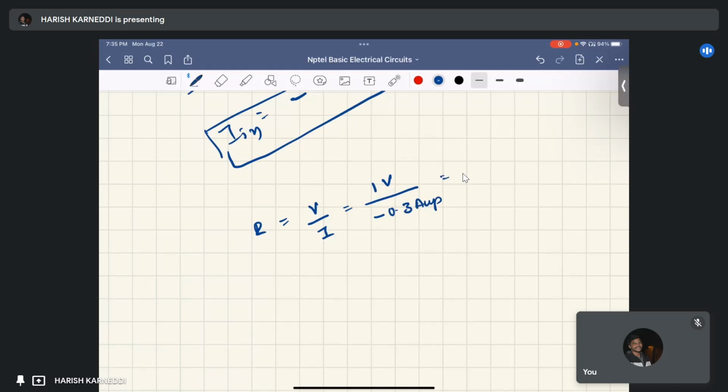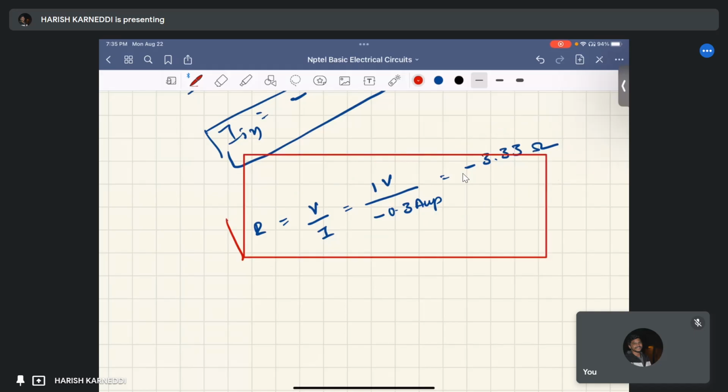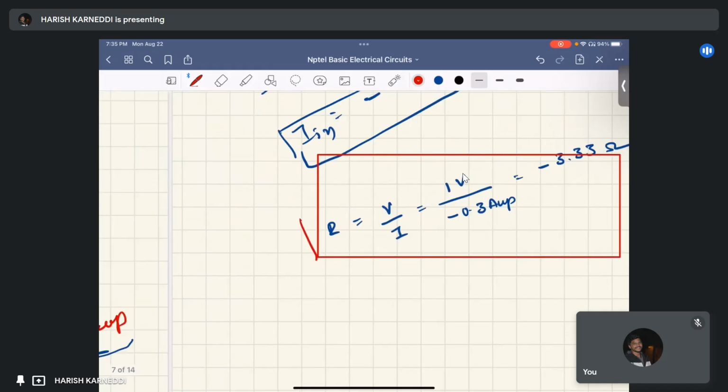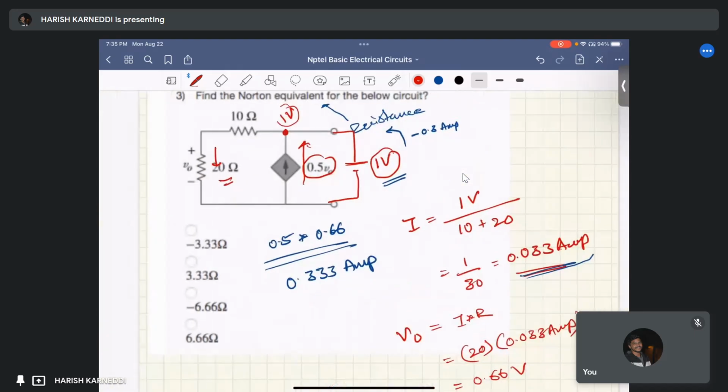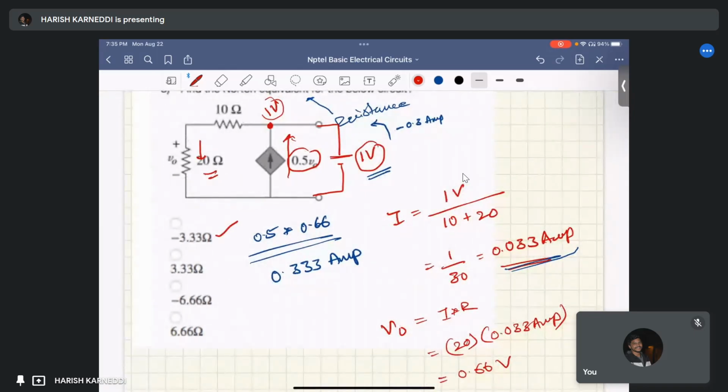So the resistance will be 1 by minus 0.3, which is minus 3.33 ohm. The resistance of the network is minus 3.33 ohm, which is option 1.